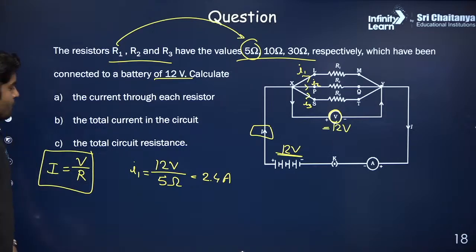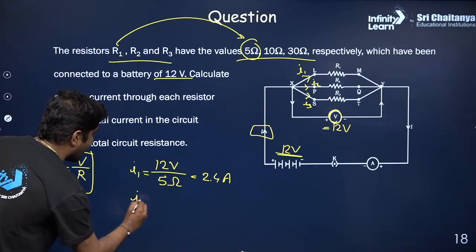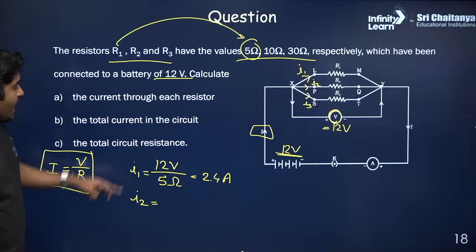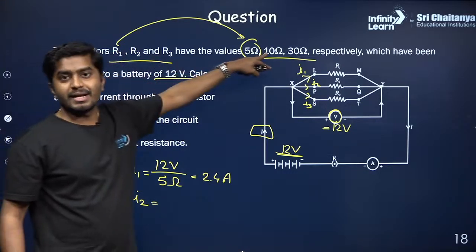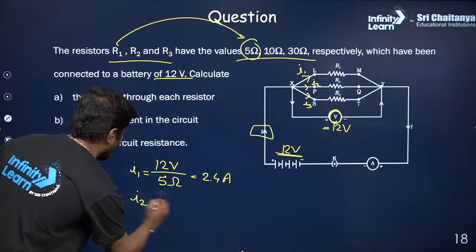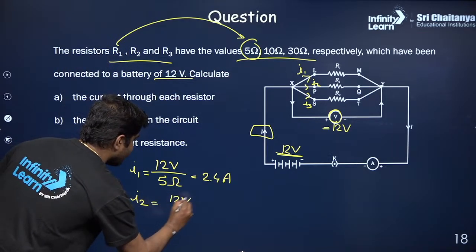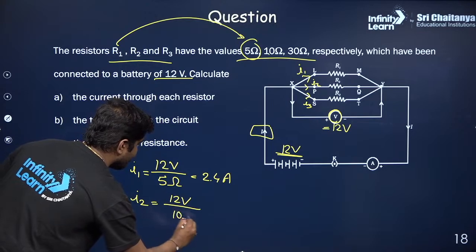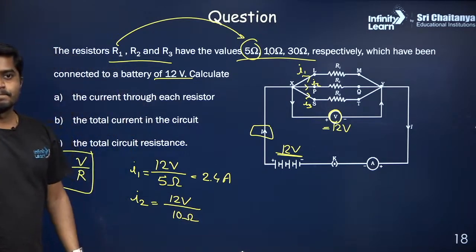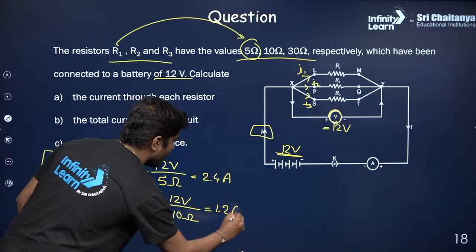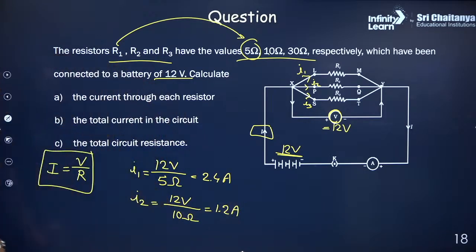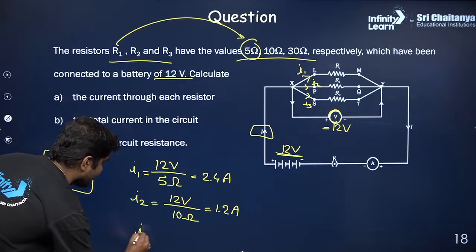Correct? Then how will you calculate I2? I2 will be this voltage divided by R2. R2 is 10 ohms. So I2 is 12 volts divided by 10 ohms, which is 1.2 amperes. And what will be I3?